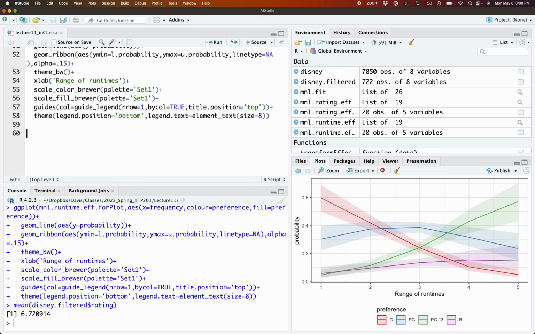Like if I looked at PG and G right where they intersect, at the probability of like 38, I don't think this graph shows it, but there isn't a graph that would say at that point they intersect, it doesn't matter if you rate it G or PG because you're going to get the same rating.